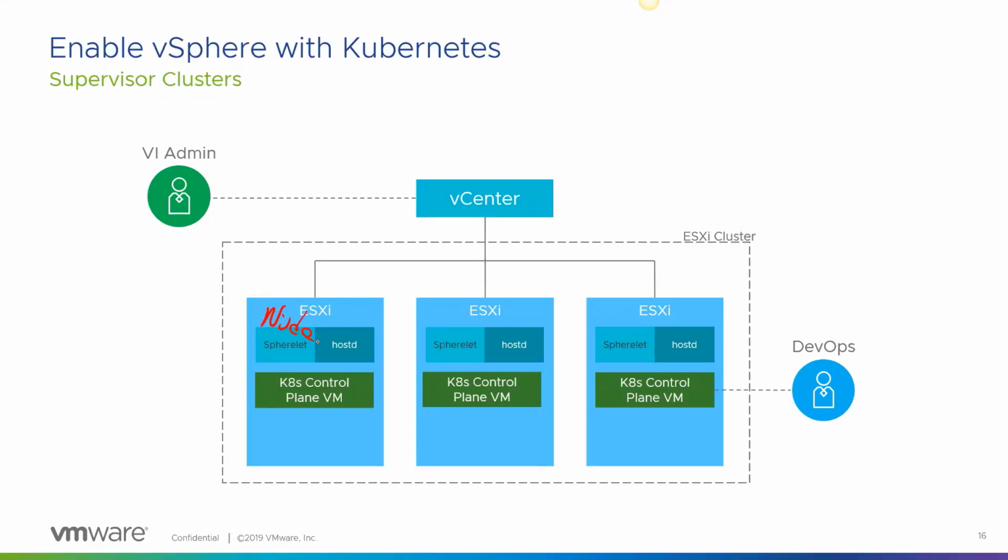So the end result is every ESXi host has a master and has a slave node. Okay. And with this, your DevOps can start deploying pods native to this environment. The pods use a component known as CRX. So just like virtual machines use VMX to define the virtual machine, we use CRX to define your pods or your containers. But again, they're running natively on that hypervisor.